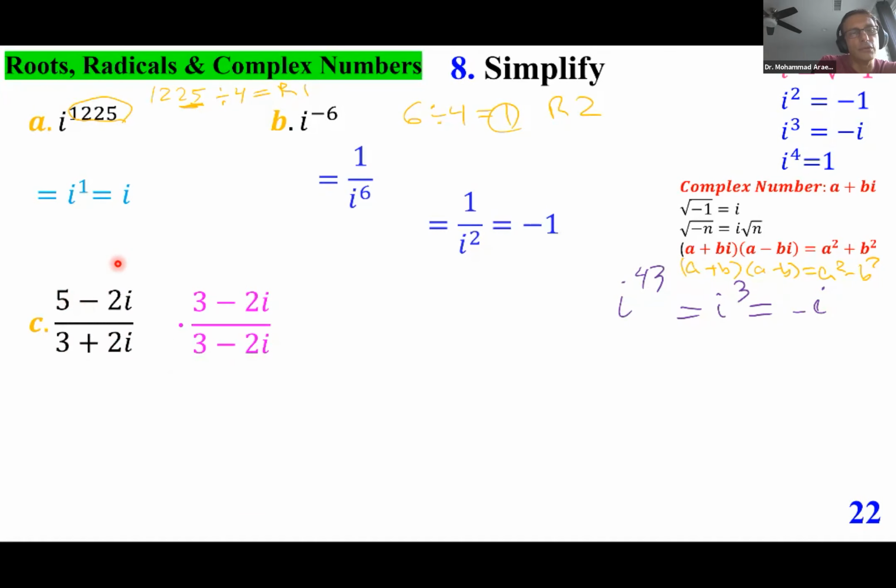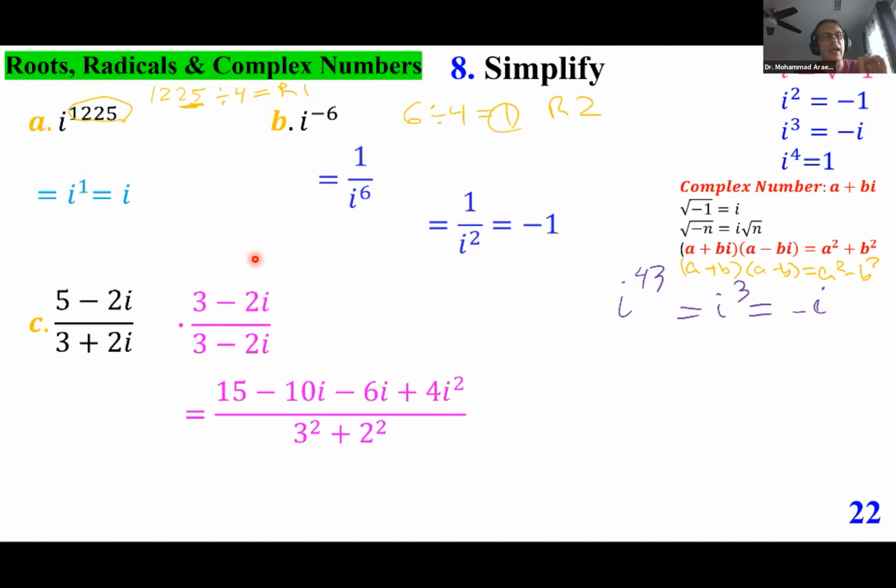And all you have to do is distribute or FOIL. 5 times 3 is 15, minus 10i, minus 6i, minus and minus becomes plus 4i squared. In fact, imagine i is x and just write everything. Needless to say, i squared is negative 1. This becomes now minus 4.